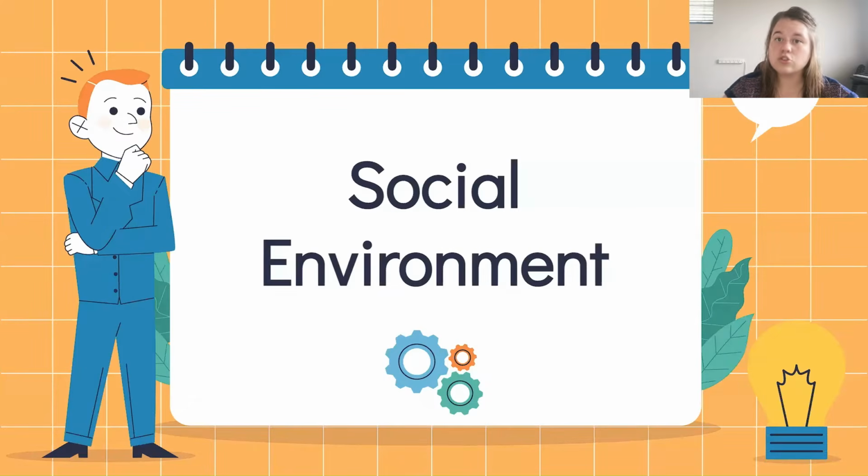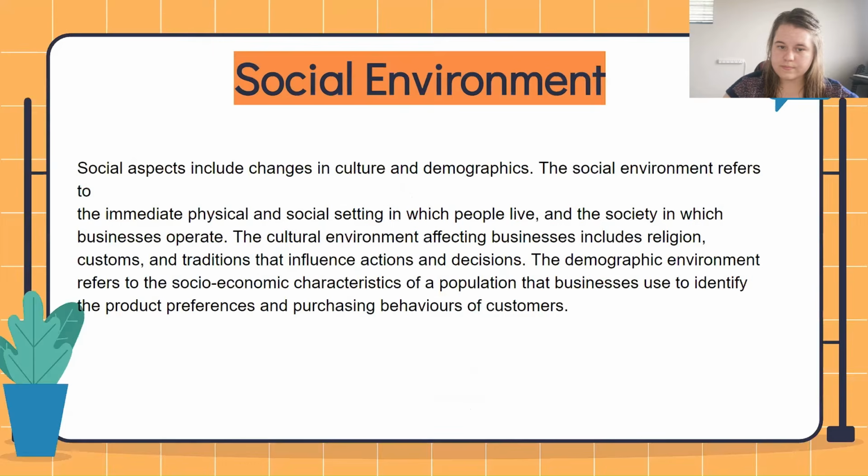Now we're looking at the social environment. Social aspects include changes in cultural and demographics. The social environment refers to the immediate physical and social setting in which people live, and the society in which businesses operate.